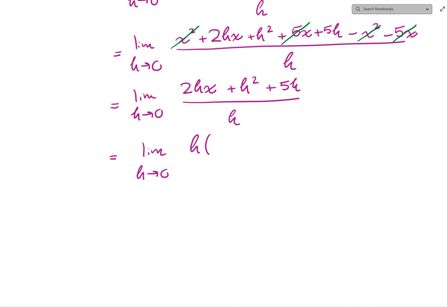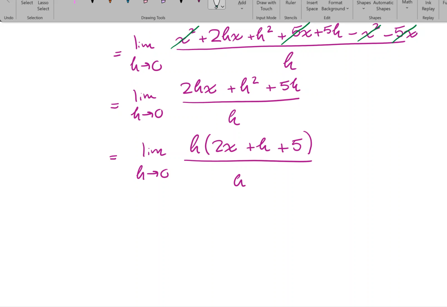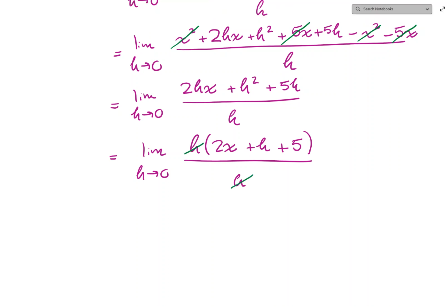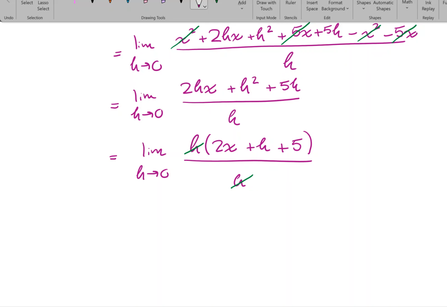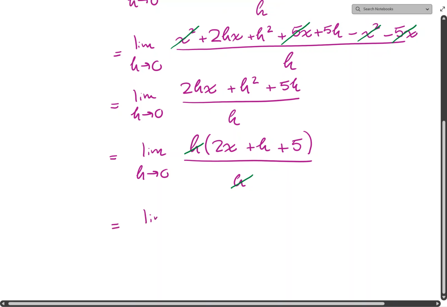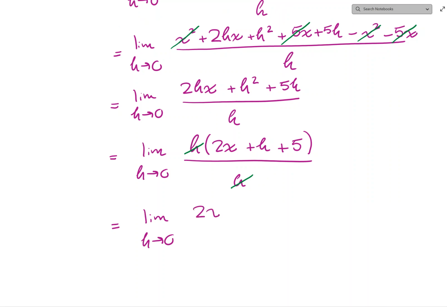We factor that h out to cancel with the h on the bottom, and we're left with 2x plus h plus 5. These h's, of course, will cancel. That was the whole point of this. That was the whole goal. So we have the limit as h approaches 0 of 2x plus h plus 5.